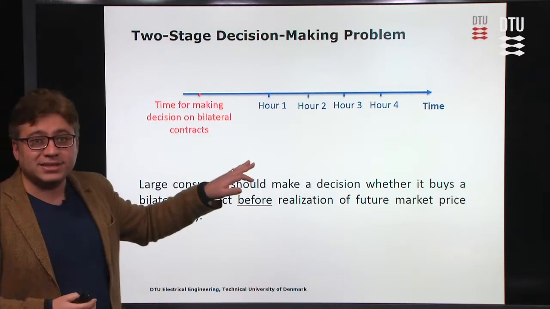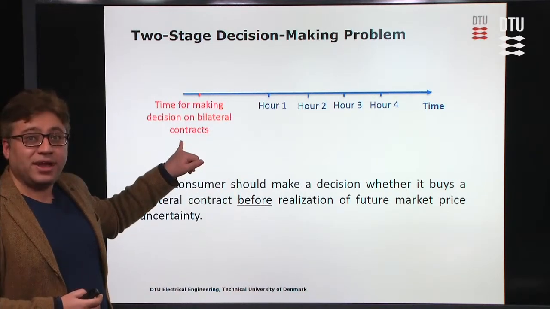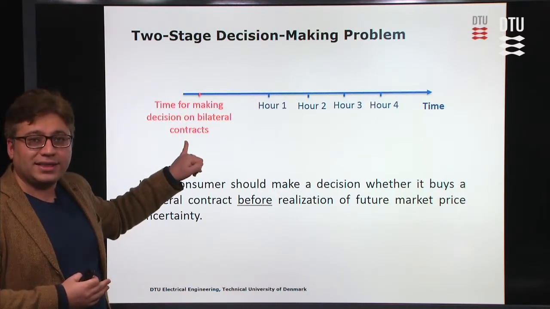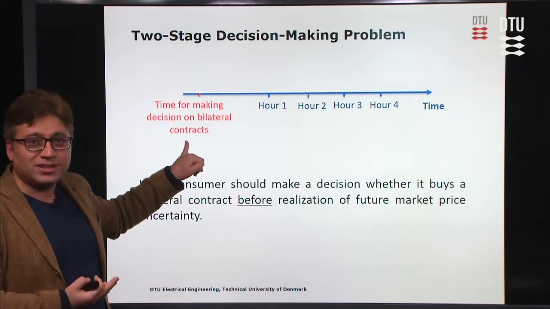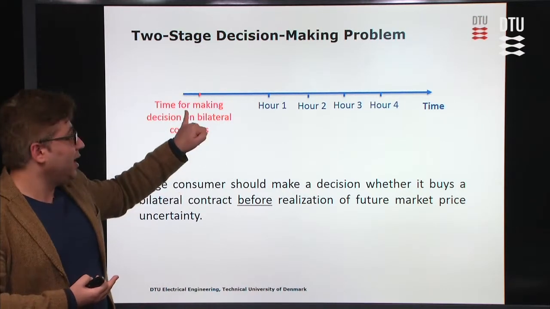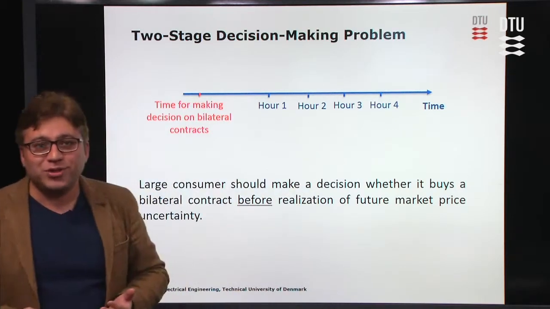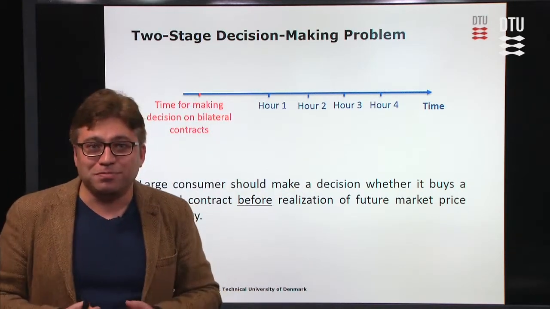This time axis shows that the red point is the time at which the large consumer should make a decision on bilateral contracts. It's before hours 1 to 4 of the market problem, right?